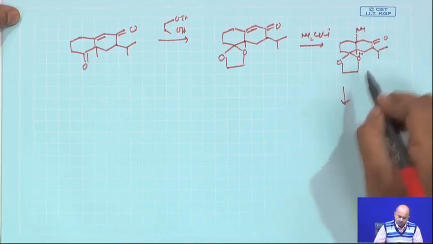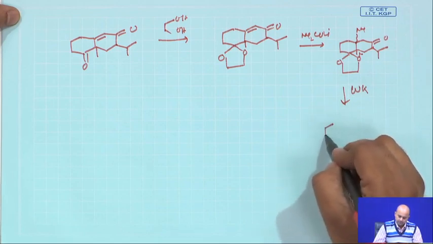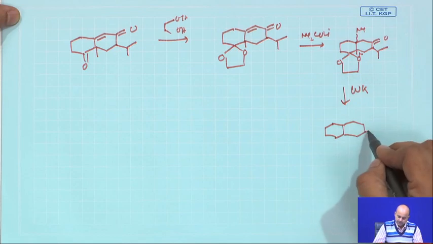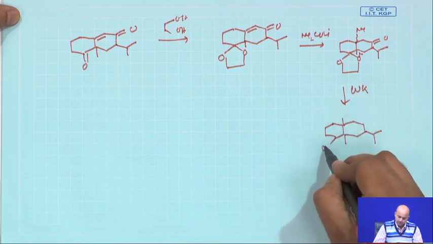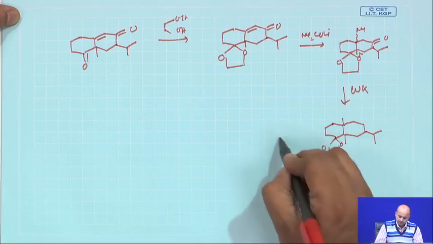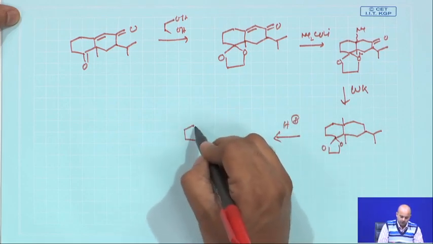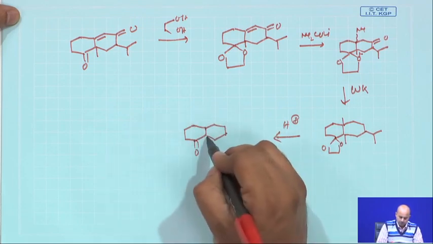Now, basically what you need, you just do a Wolff-Kishner type of reduction. The Wolff-Kishner reduction will then deoxygenate this ketone, this methyl, methyl, and you have this. Now, you just remove the protecting group here to get the target molecule.